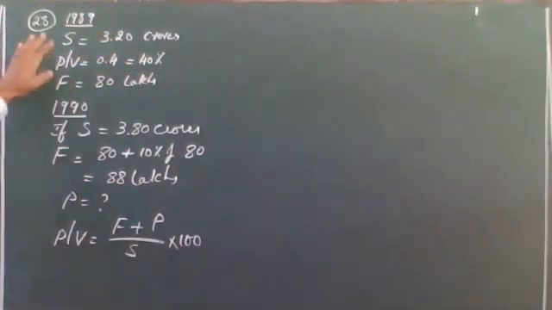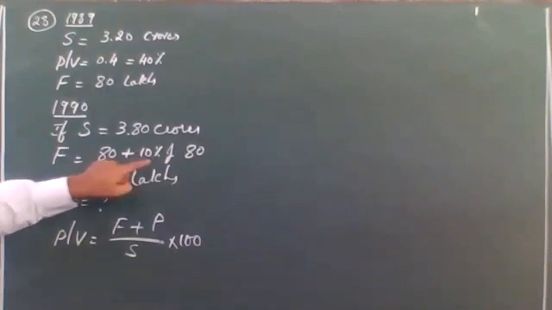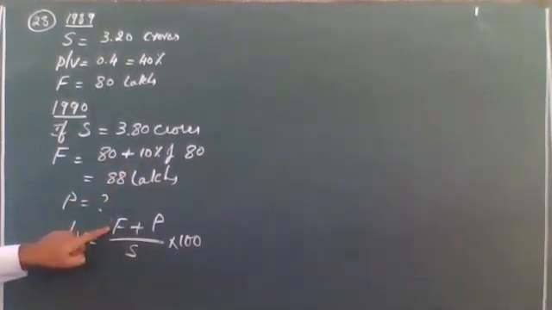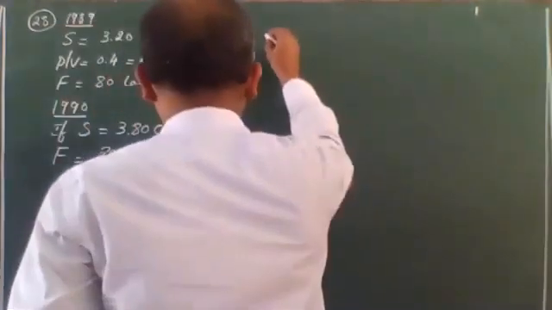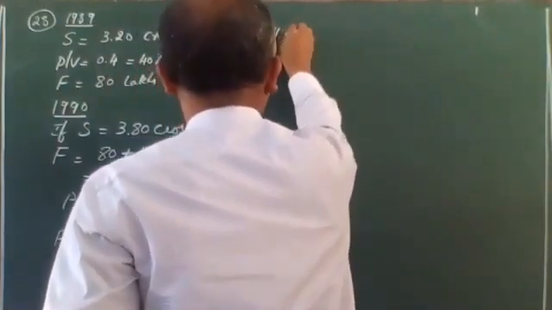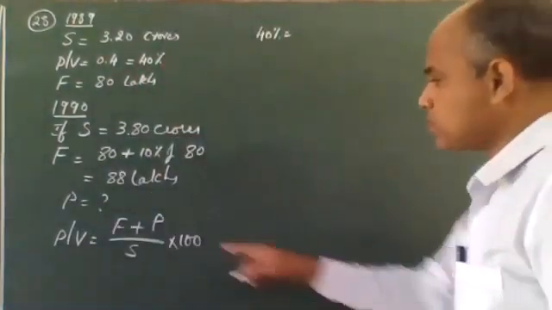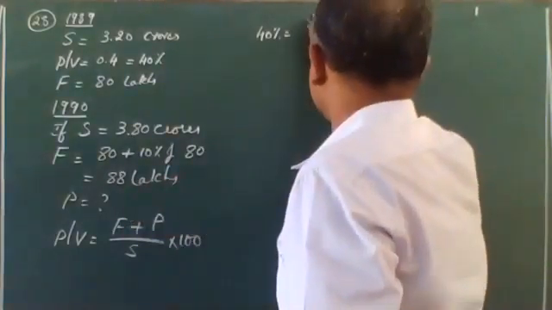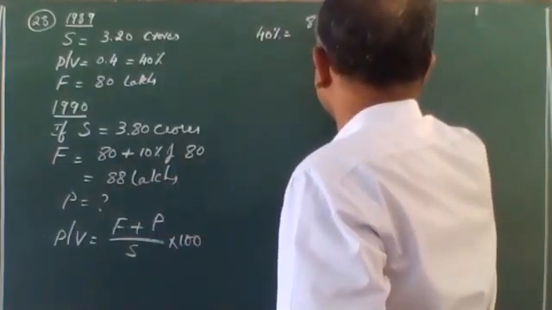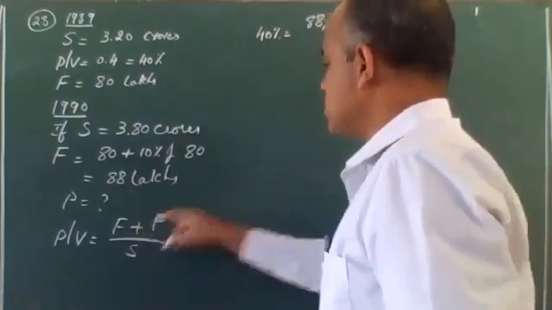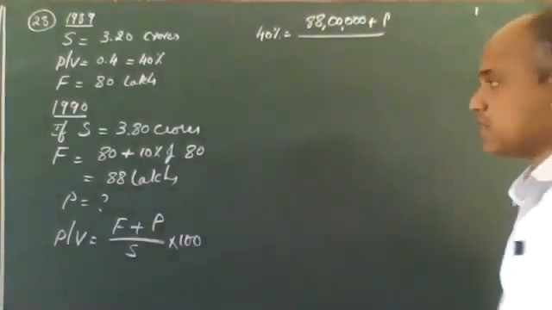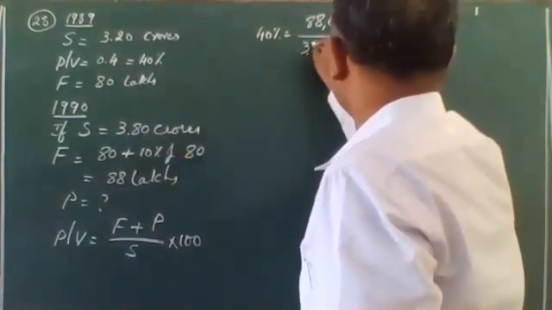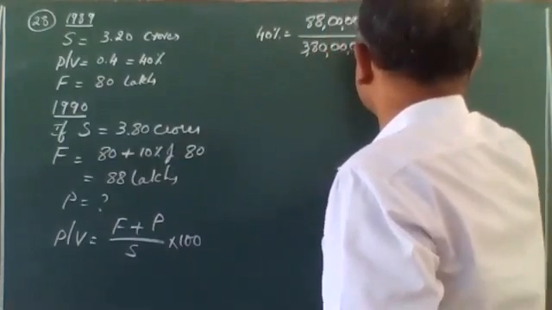Fixed cost, last year it was 80, but this year it increased by 10%. Therefore, I will take 88 lakhs. Profit is what I need to find out. Sales is already given in the question. So I think it's done. So PV ratio is 40%. 40% is equal to fixed cost is 88 lakhs plus desired profit, that's what I need to find out, and my sales is 3.8 crores, 3 crore 80 lakhs.